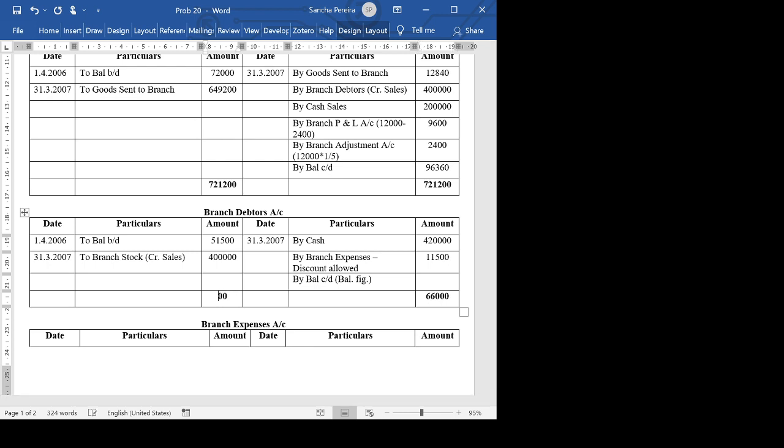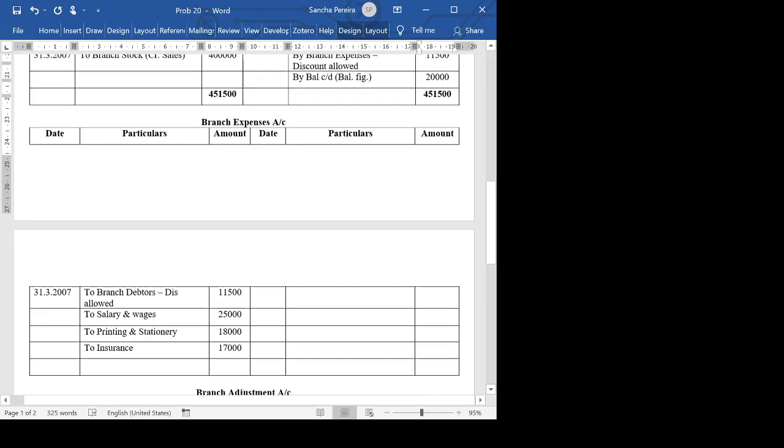The total is 4,51,500. And the new balance carried down is 4,31,500. So I think it would be 20,000. Yes, the closing balance of debtors would be 20,000.